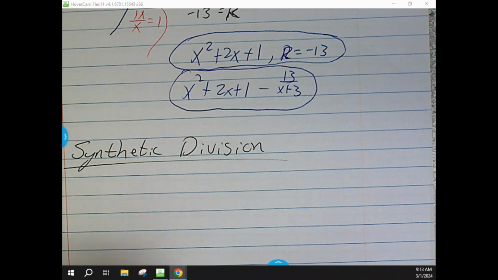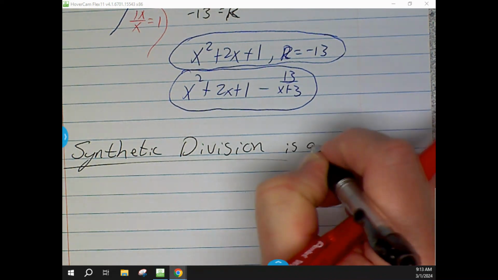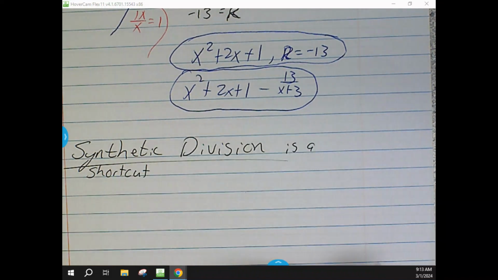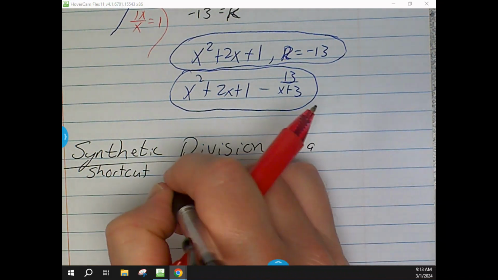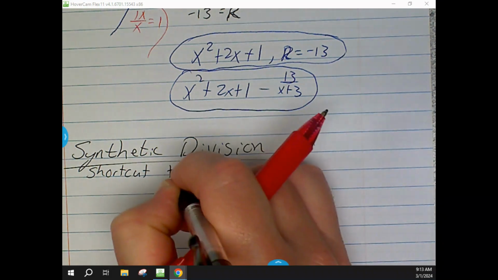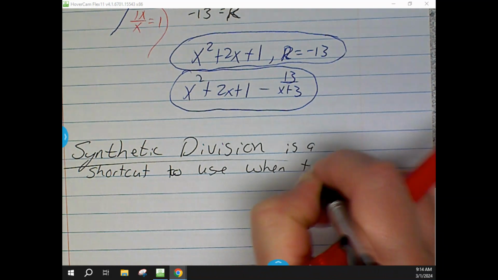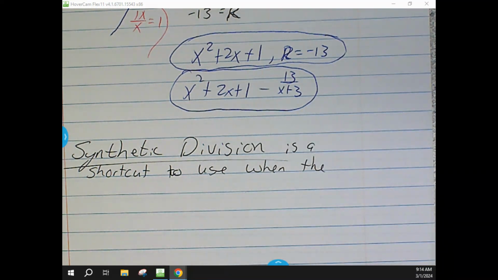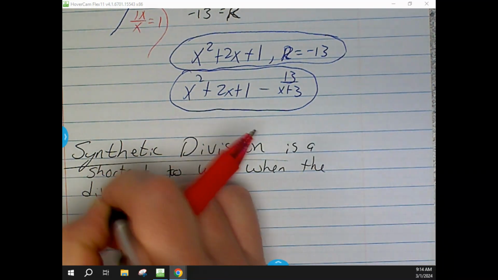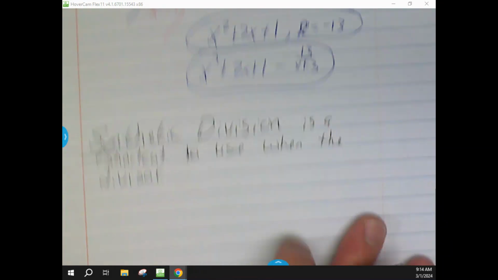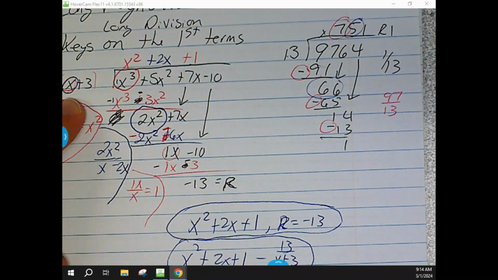Basically, synthetic division is a shortcut to use when the divisor, go way back here in your terms. Remember the divisor, that's the number on the outside that you're dividing by.